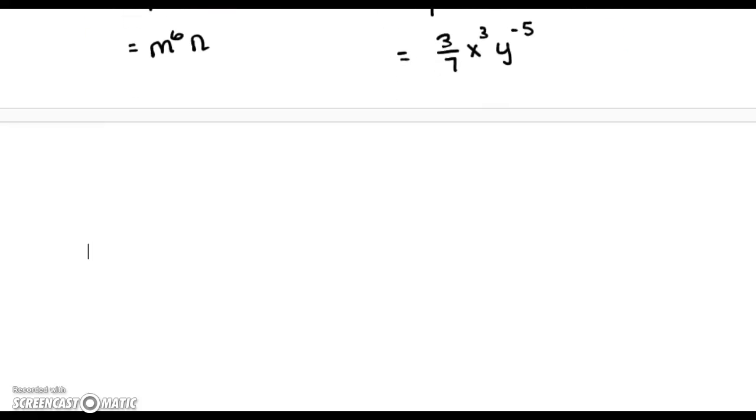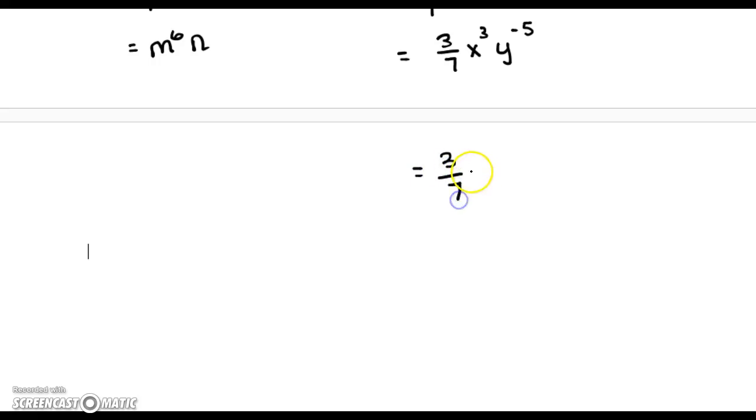While you might think that we might be done here, this is not actually in its simplest terms or in its proper form, because if you remember, if we have a negative exponent, we should be writing all of our exponents with positive values. So what we can do is take the reciprocal of this y to the power of 5.